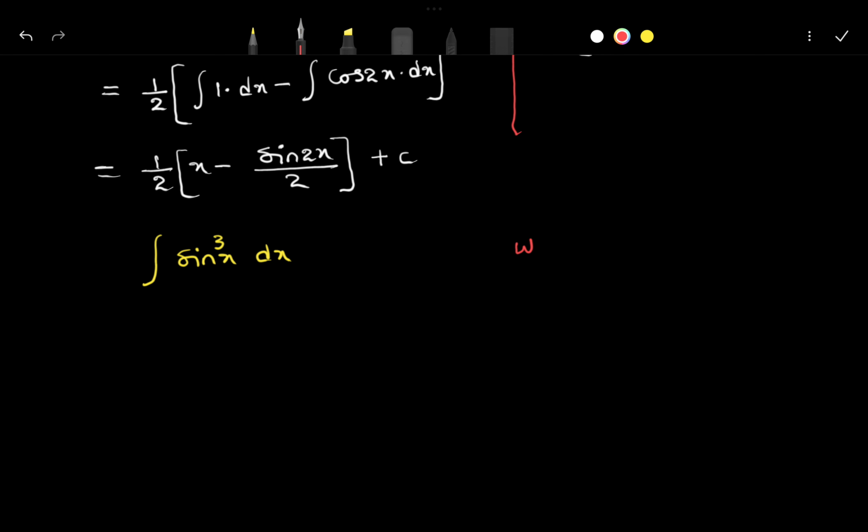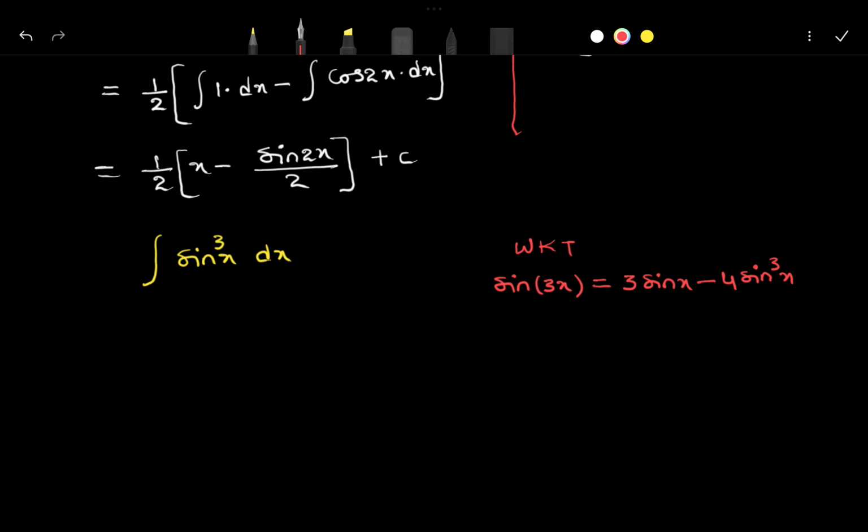See, we know one formula in trigonometry: sin 3x is equal to 3 sin x minus 4 into sin cube x.